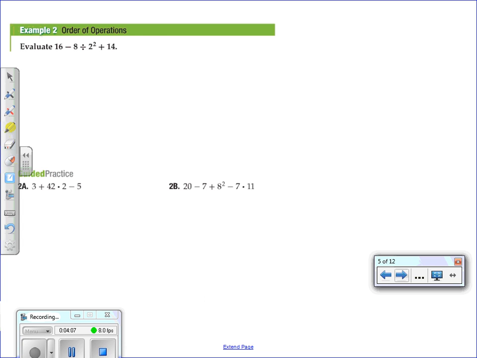Let's see what this means when we have more complicated, longer numerical expressions. Here we have 16 minus 8 divided by 2 to the power of 2 plus 14. Our first step is always to write the whole problem down on your page so you don't miss anything.